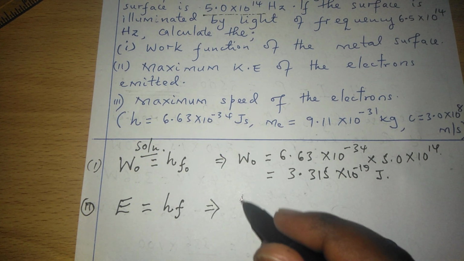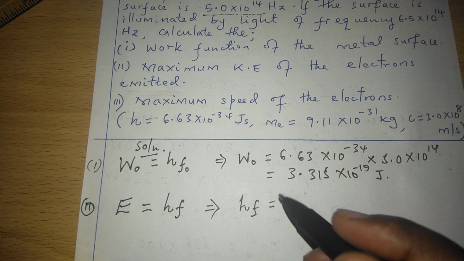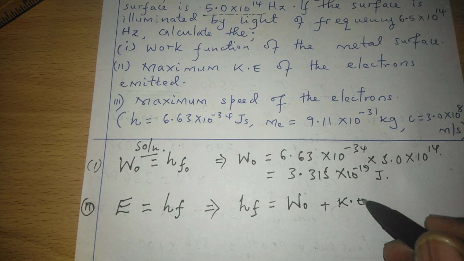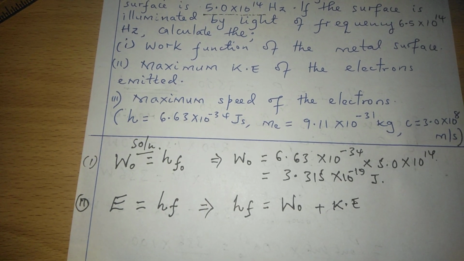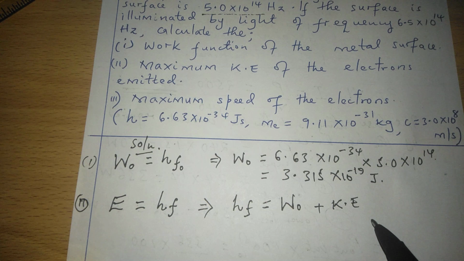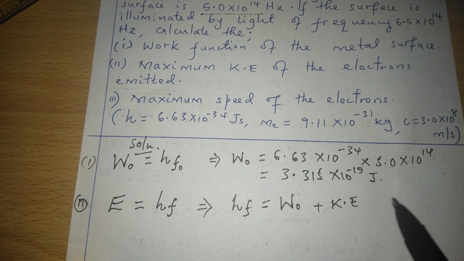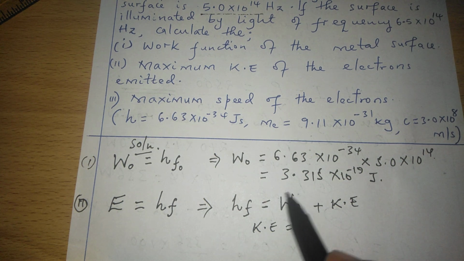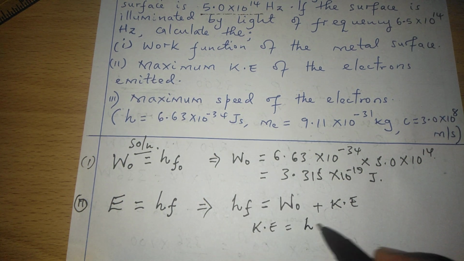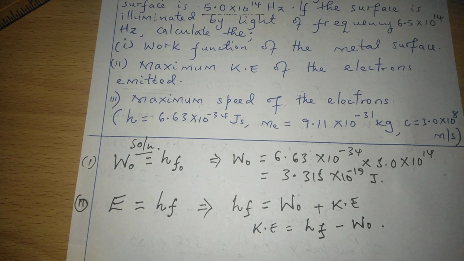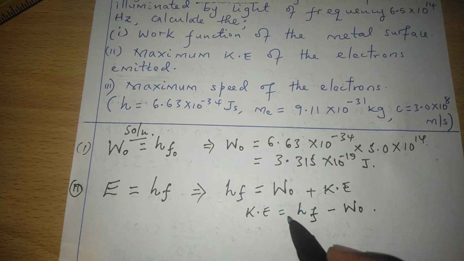This total energy is split into the work function, the energy required for photoemission to occur, and the other part of the energy becomes kinetic energy, the energy with which the electrons move. Therefore, kinetic energy can be calculated by subtracting the work function, such that hf minus work function gives us the kinetic energy.